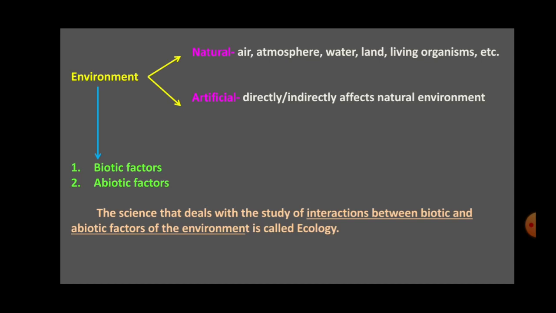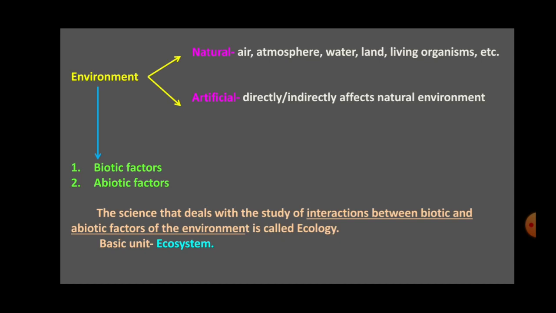Eco means environment. Clear? So whatever deals with the interactions between the biotic and the abiotic factors of the environment, that study is ecology, study of the environment. And here the basic functional unit to study ecology is the ecosystem.